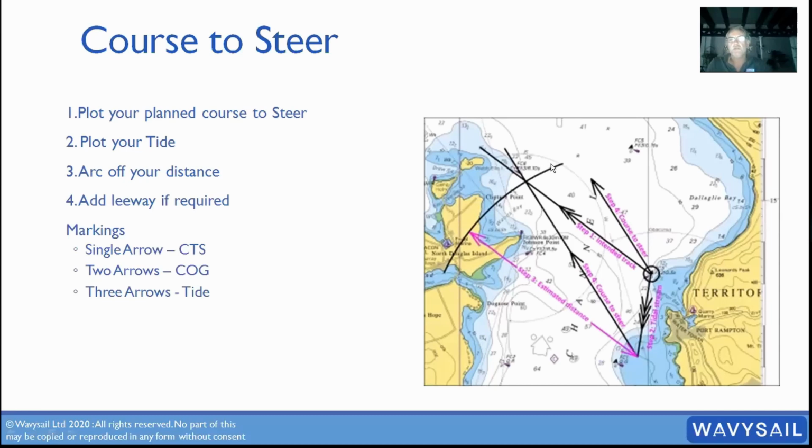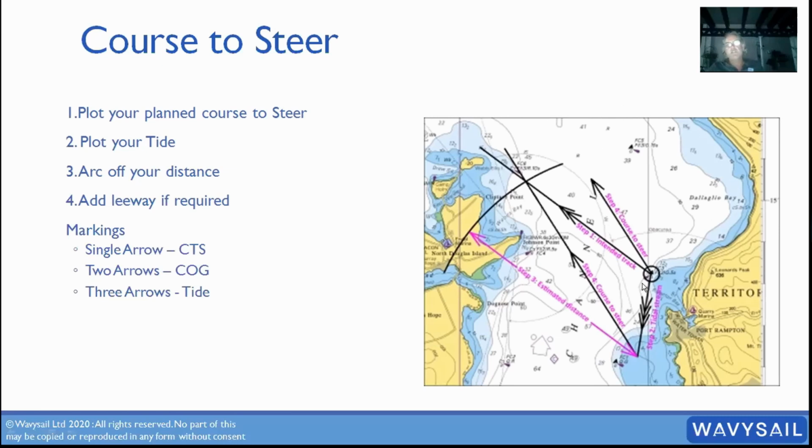We arced off our boat speed, and that will be the direction we point our boat to hold that course over ground. So your course to steer is this arc off. And in doing so, you can then follow waypoint 1 to 2 to 3, etc., knowing that you're counteracting the tide. So that's a course to steer.